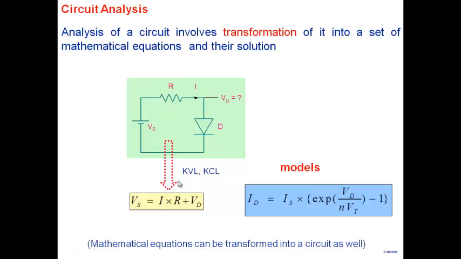Not that simple because it's nonlinear, and then you solve it and you get the answer. The point is that analysis starts with application of KVL and KCL, but then after that you have to apply the model of a resistor, model of a diode. Once you apply the model, then you have a complete mathematical description of the circuit, and then you solve those equations and you get the answers that you are seeking.